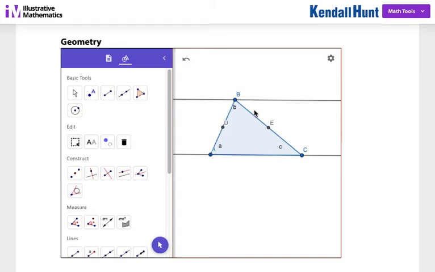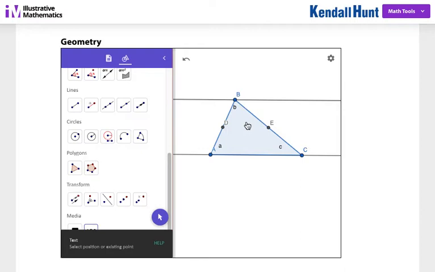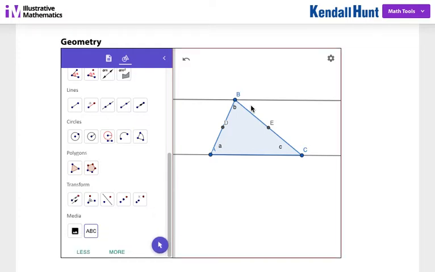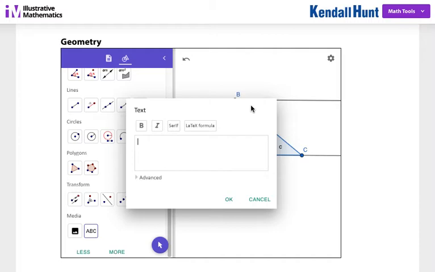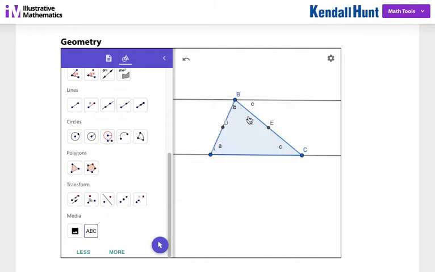Well, what angle is this alternate interior angles with? It's angle C, right? So I can go ahead and grab my text box, and if this is some measurement C, and this is the alternate interior angle, we know that alternate interior angles are congruent when lines are parallel. So since I've created parallel lines, I know that the measure of that angle is also C.